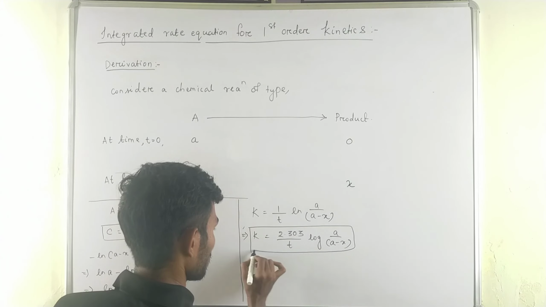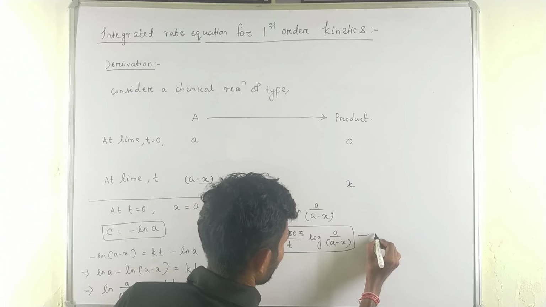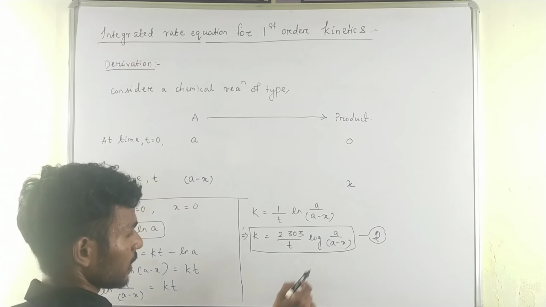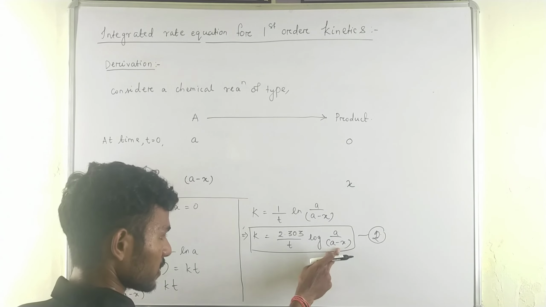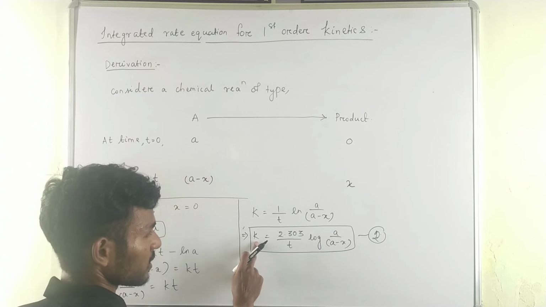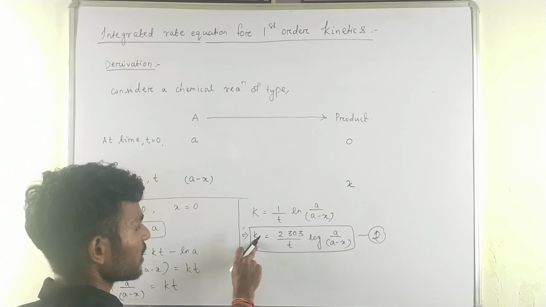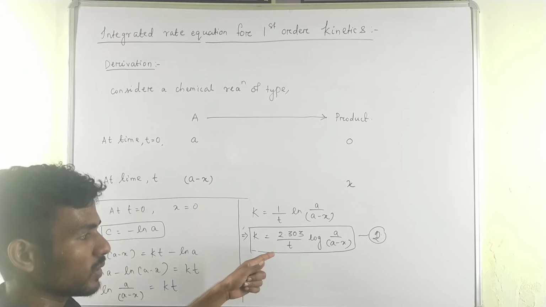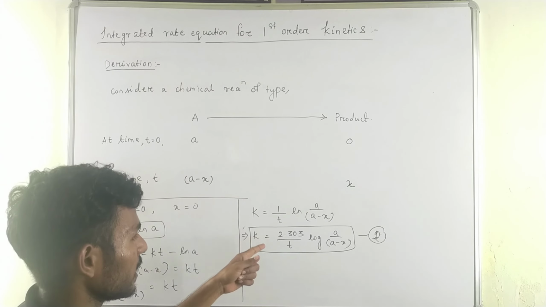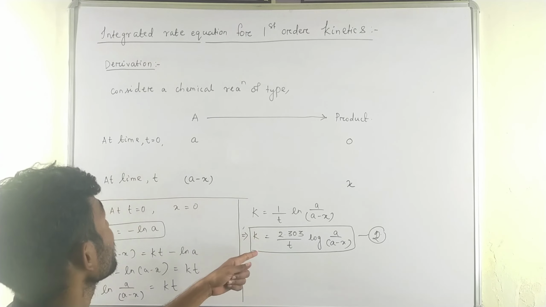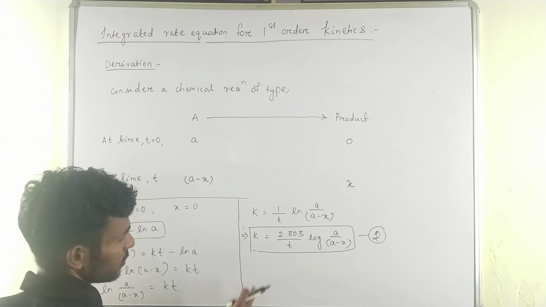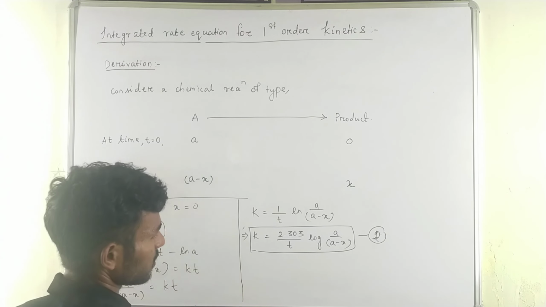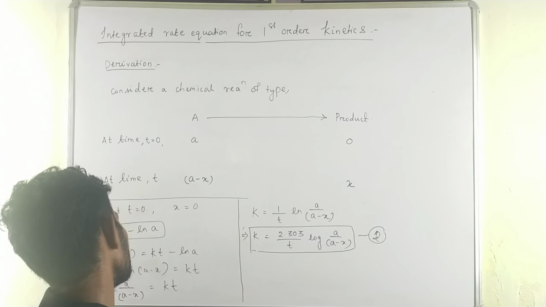This will be equation 2. Here a is the initial concentration of reactant, a minus x is the final concentration of reactant, t is the time, and k is the rate constant, velocity constant, or specific reaction rate. Equation 2 represents the integrated rate equation for first order reactions.